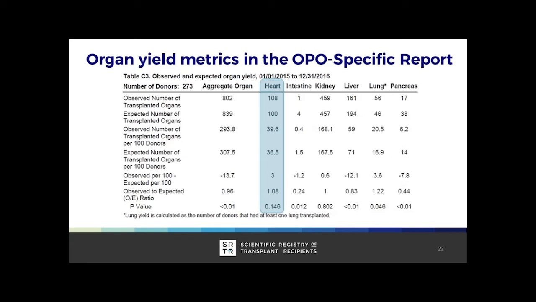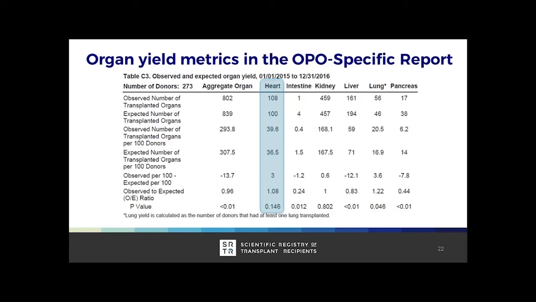I'm not going to highlight each one, but I will say that these are the data that the MPSC within OPTN uses when they are reviewing OPO performance. So these are what we call our yield metrics. So they're looking within each of these columns. They currently aren't concerning themselves with the intestine column, although we report the intestines.